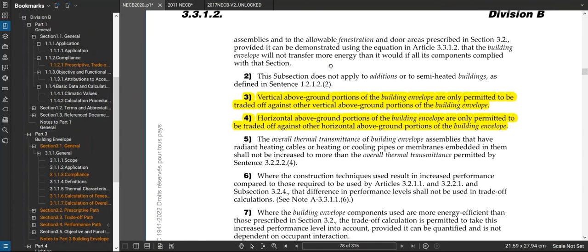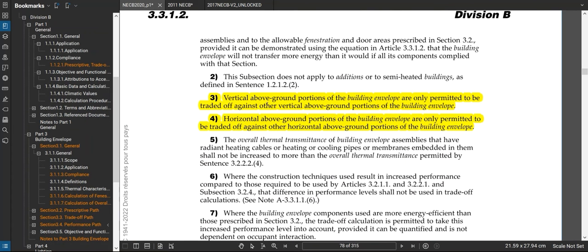So what's important out of this is that the vertical above ground portions of the building envelope are only permitted to be traded off against other vertical above ground portions of the building envelope. Meaning, like I mentioned earlier, if the windows you're putting in exceed the requirement of the energy code, but maybe your opaque walls aren't quite meeting the energy code, they're both on the vertical face, so the wall and the glazing, then you could trade the two off.